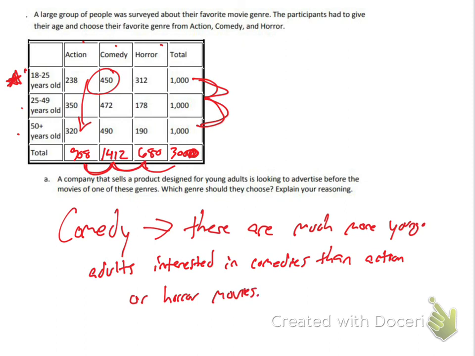Now, if you wanted to, you could even go into the 25 to 39-year-olds, or 25 to 49, because that is still considered a younger adult, but even so, comedy is still the highest number. So if you wanted to, you could add that as well.